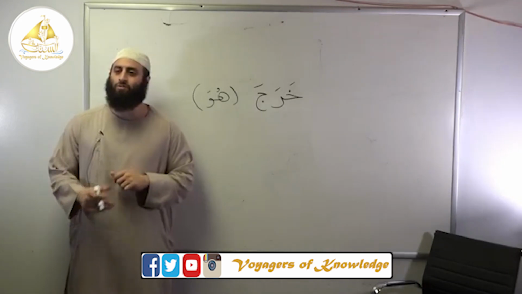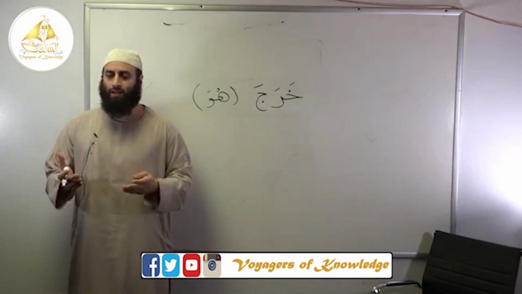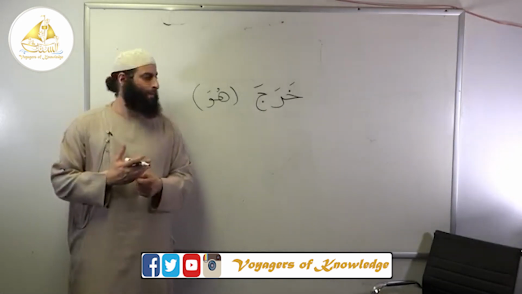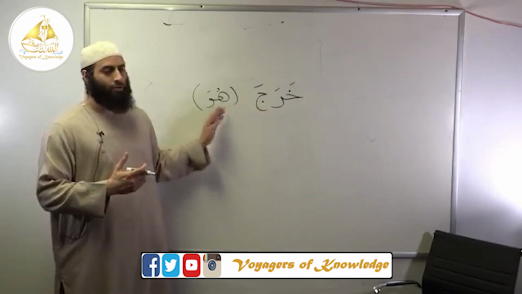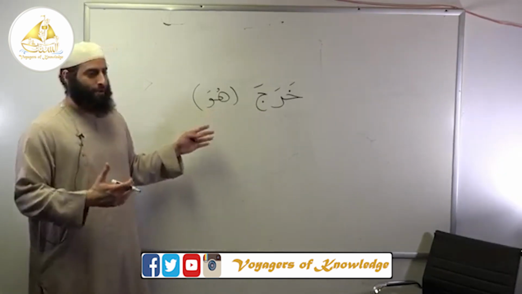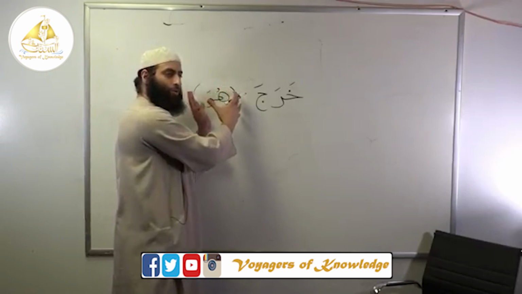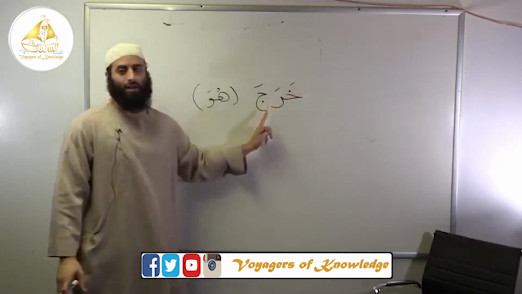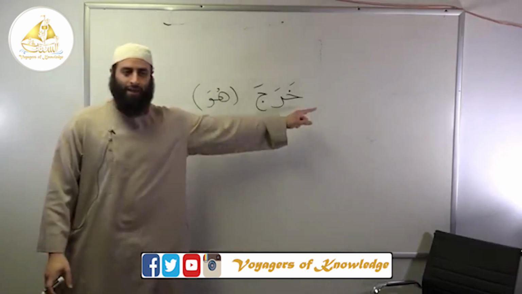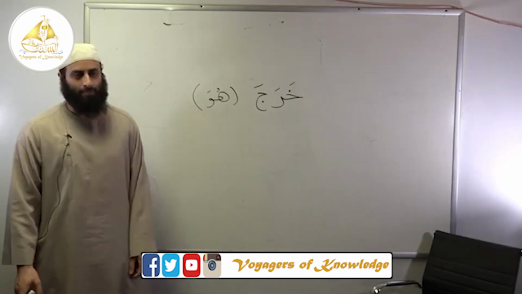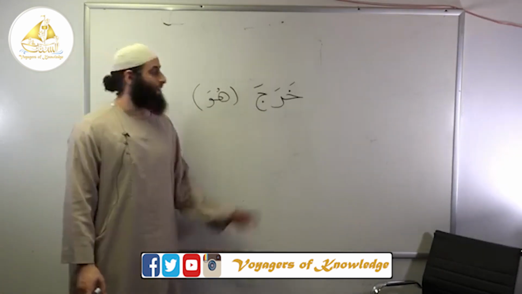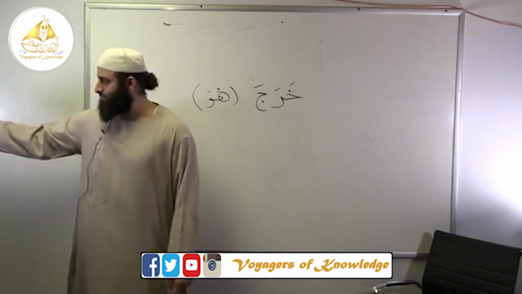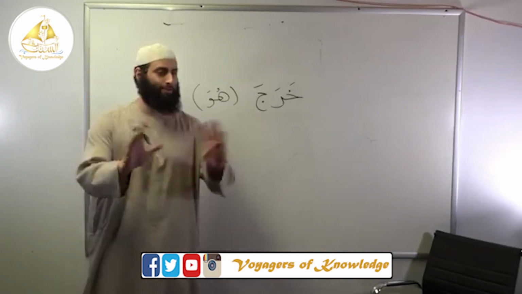So, what is the meaning of huwa? He or him. So kharaja huwa. This just lets you know who's doing it, or it's actually nothing there, but it means he left, he exited. Kharaja means to exit.